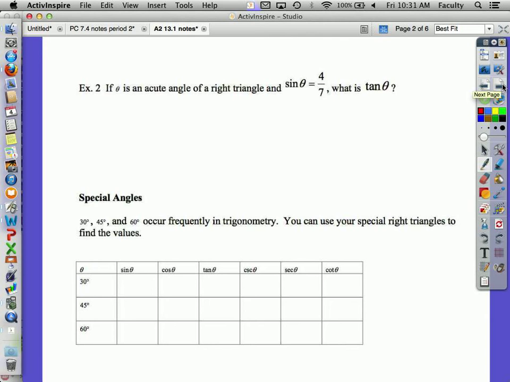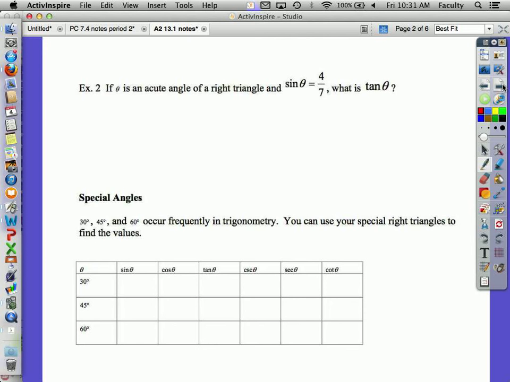All right, now in example 2, it says if theta is an acute angle of a right triangle and sine theta equals 4 over 7, what is tangent theta? So I want to break this down, or actually have you help me break this down. So McKenna, when it says theta is an acute angle, from geometry, let's just look at that little phrase.